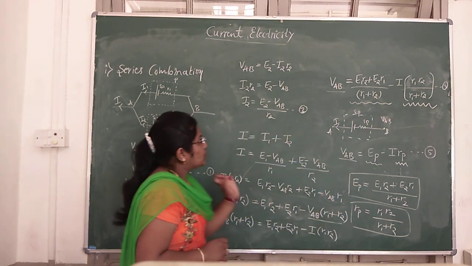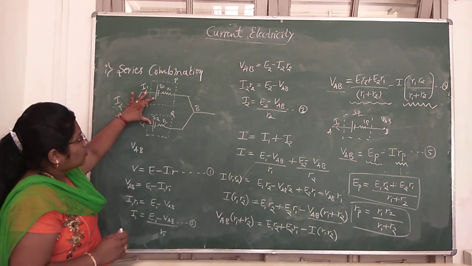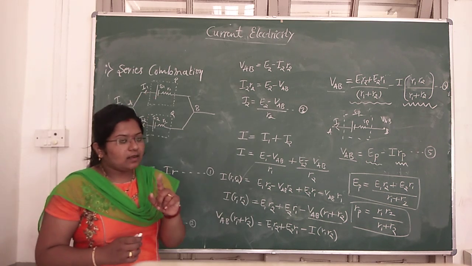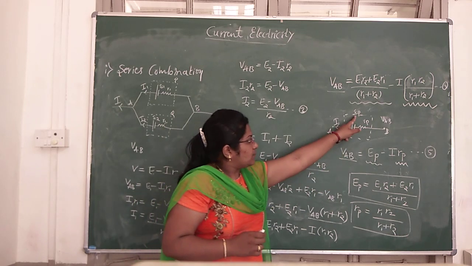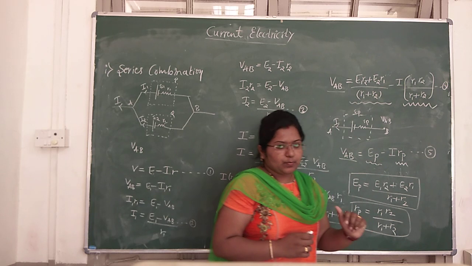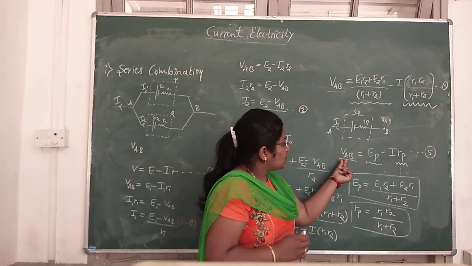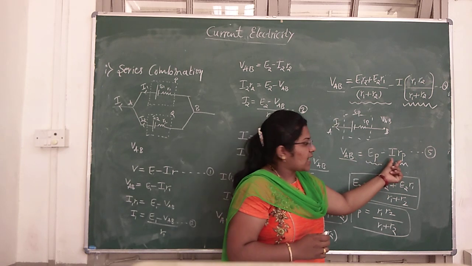Now what are we doing? We are replacing this parallel combination by a single cell of EMF EP and internal resistance RP between the points A and B. So for this combination, I have an expression as VAB is equal to EP minus I RP.